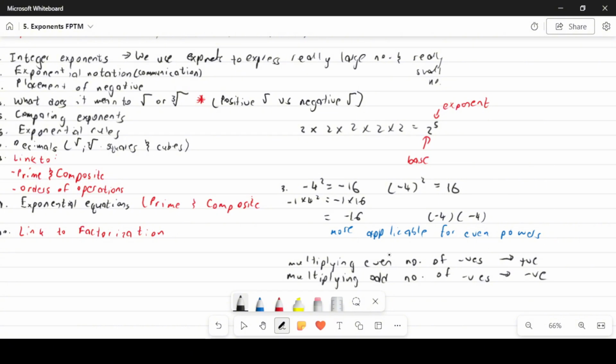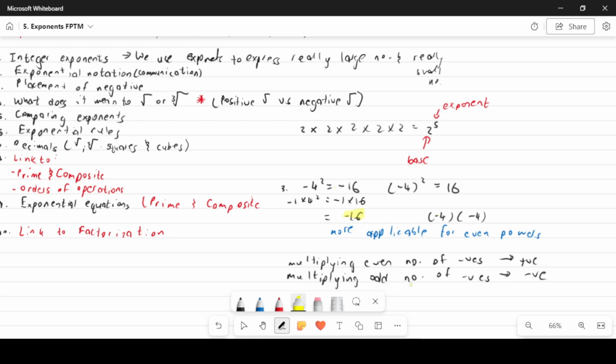So with the even, this is why we have to create a case here, because in some instances you could get a negative even though the power is even. Like the first case here. I could get a negative answer because the square is not applied to the negative. It's applied only to the 4. So we're not multiplying an even number of negatives; we're multiplying by negative 1 here. In this case, I'm multiplying by an even number of negatives because the negative is repeated 2 times. So that's the reason why we get a positive.